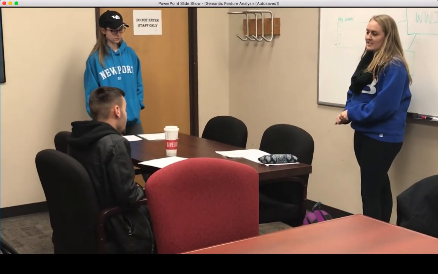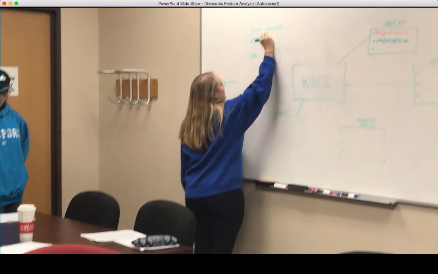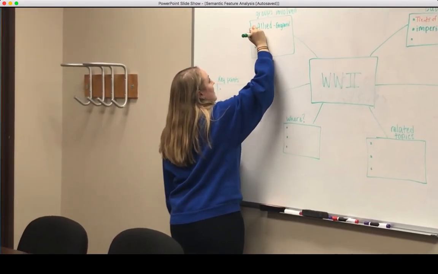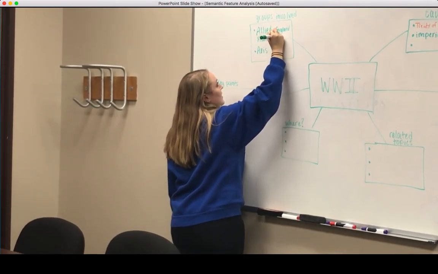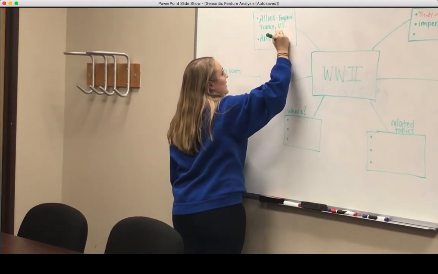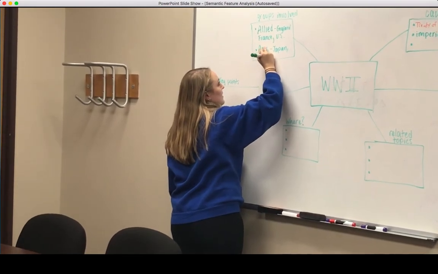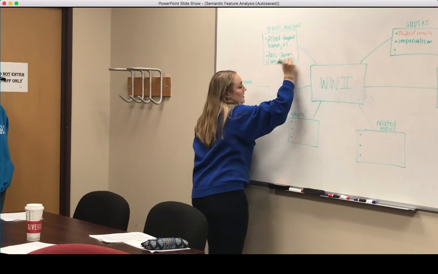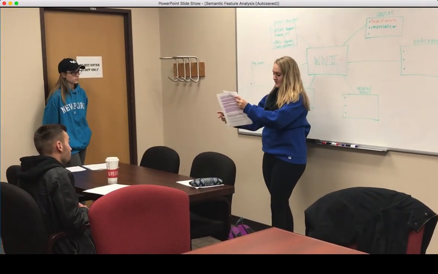I think the Allies were England, France, and the U.S., and I'm not sure who else. And the Axis powers were Germany, Italy, and Japan. Great job, Matt. That is absolutely correct.